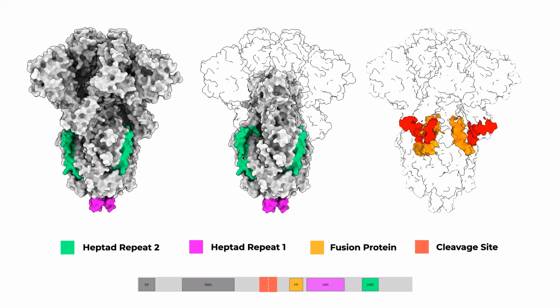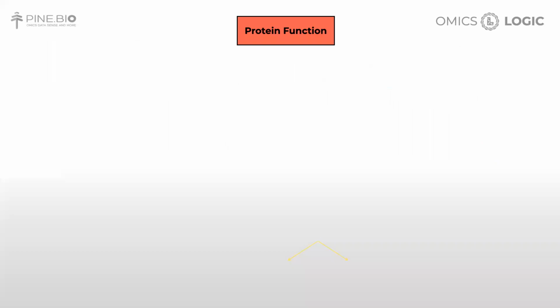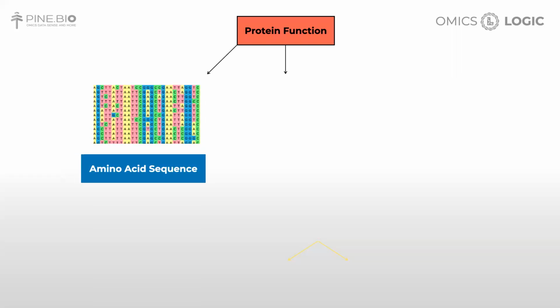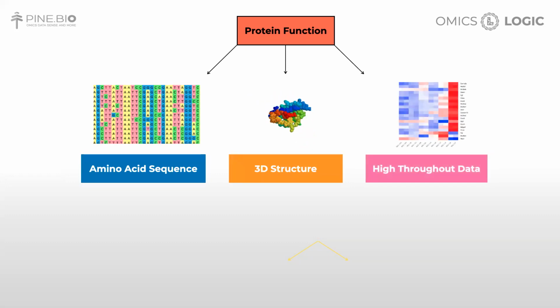Overall, how do we know all of these things? Well, protein function is an area of research that could be achieved through multiple different types of methods. Essentially, we can look at amino acid sequences where we compare sequences, and maybe there's a protein that we know and another protein that we don't know, and we can find how it is similar to different proteins.